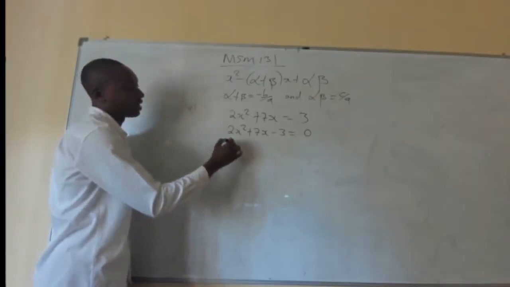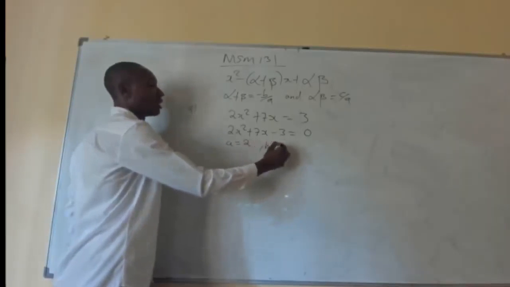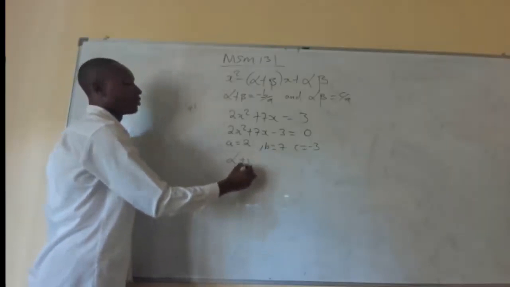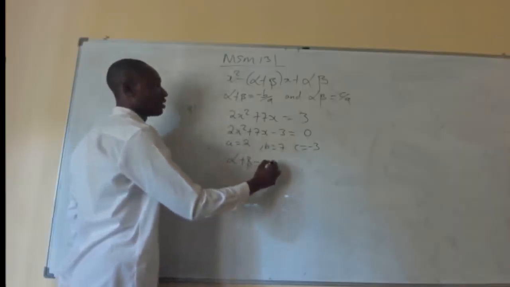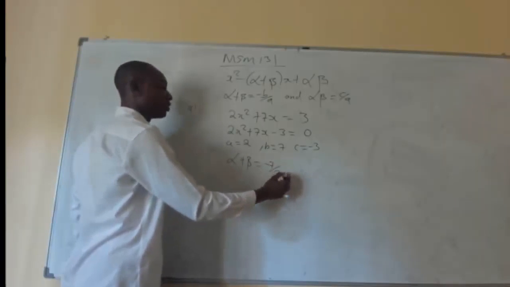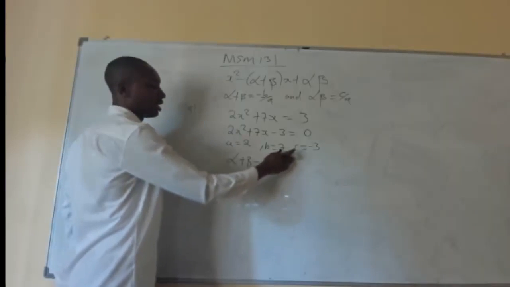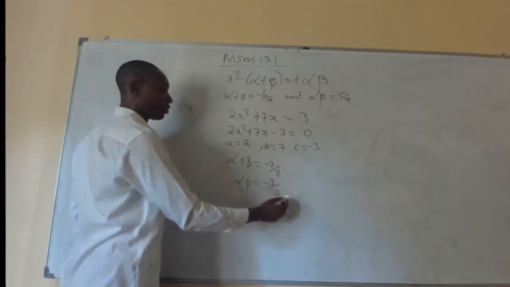So from this, what is a? A is 2, b is 7, and c is negative 3. So meaning the sum of these roots is found as negative b over a, so we have negative 7 over 2, and the product of the roots will be c over a, so we have negative 3 over 2.